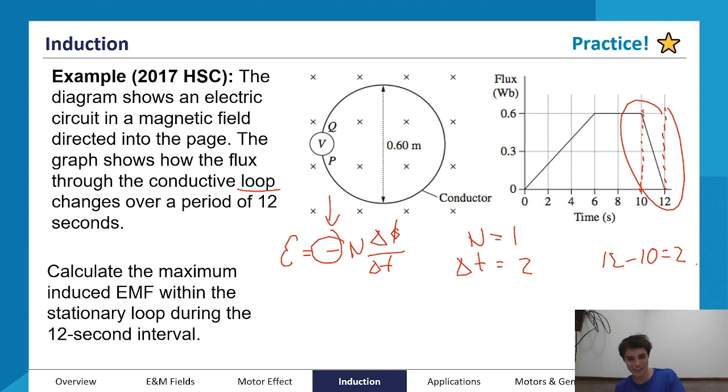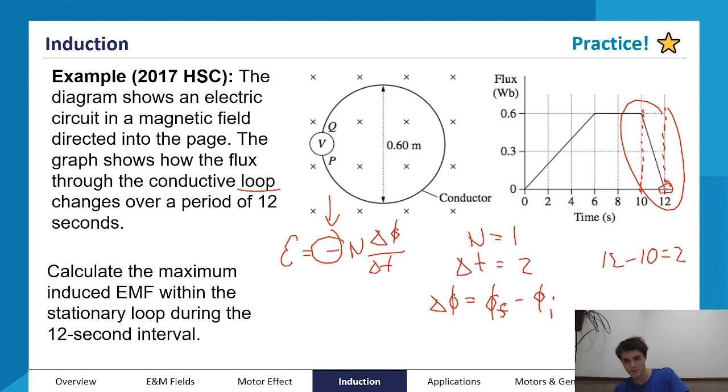Then our other thing that we need to do is calculate our change in flux. Now, remember, just as a bit of a side note, whenever we're calculating a change in something, we're doing the final of that thing minus the initial. So in this case, we're doing the final flux minus the initial flux.